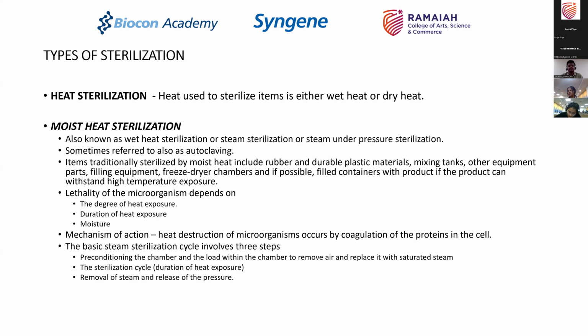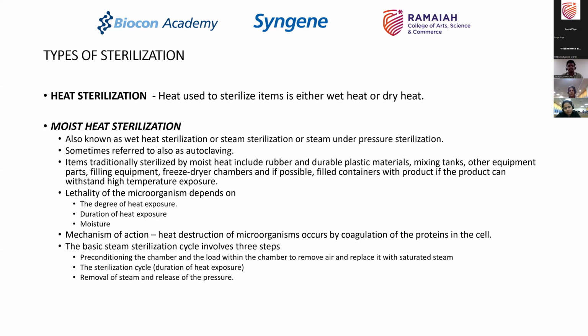Moist heat sterilization, also known as wet heat sterilization or steam under pressure sterilization, is also referred to as autoclaving. It is used for sterilizing rubber, durable plastic material, tanks, other equipment, in situ sterilization, and freeze drying chambers, wherever high temperature withstanding is not an issue, right?